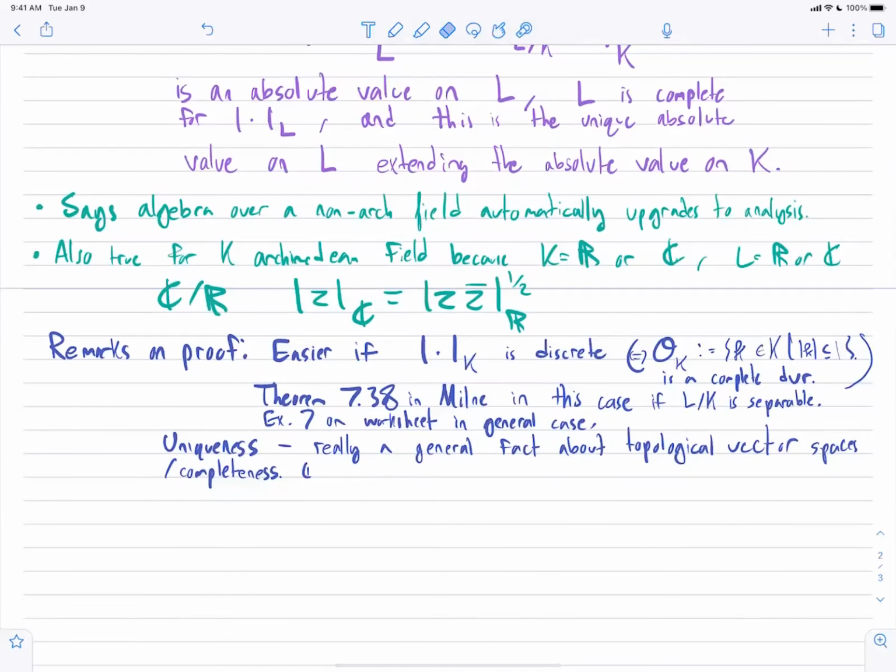Let me note that the proof of theorem 7.38 skips an important point.